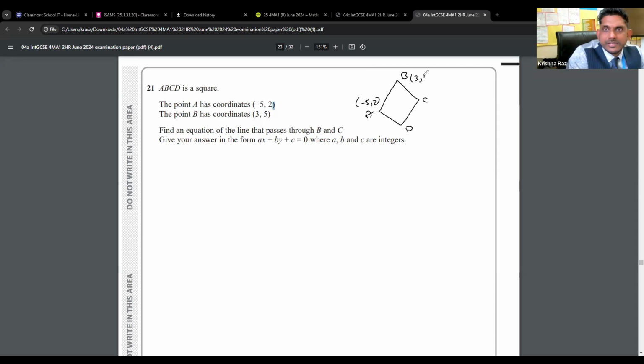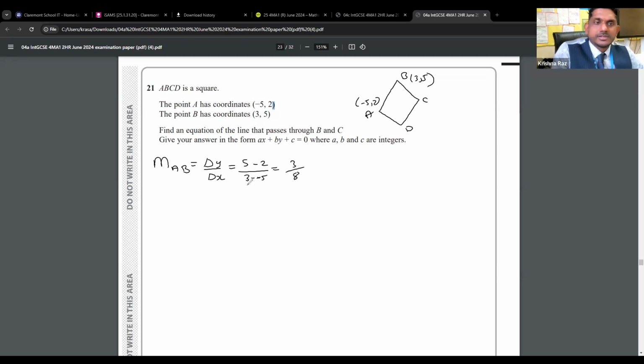Yes, if we imagine it just floating around, we know that this is -5/2 and this is 3/5. So we can immediately figure out the gradient of the line AB. So we've got delta y over delta x, which will be 5 minus 2 over 3 minus 5. So we get 3/8. So the gradient of AB is 3/8, and the line perpendicular BC is what we want to find.